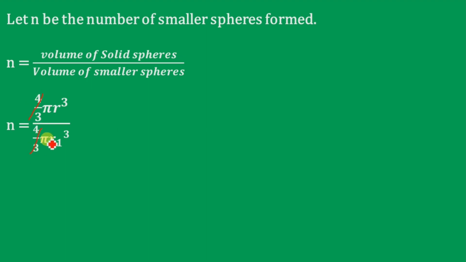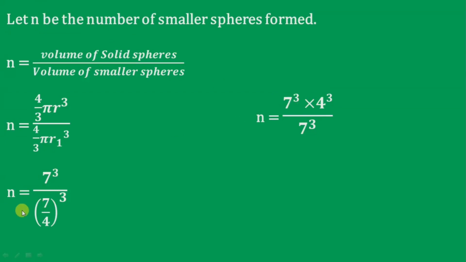So n is equal to r is 7 cube, r1 is 7 by 4 cube. 7 cube into this 4 cube goes up, and this 7 cube and 7 cube get cancelled.